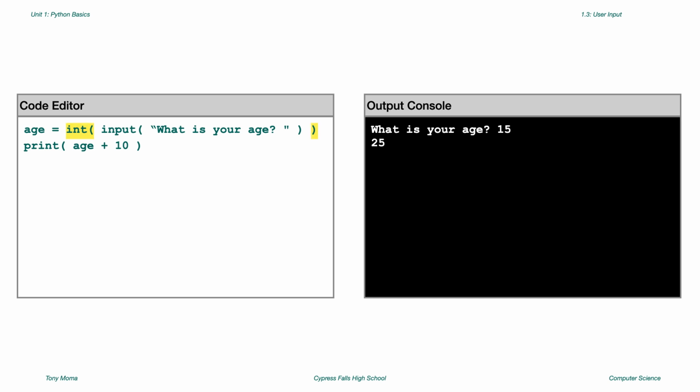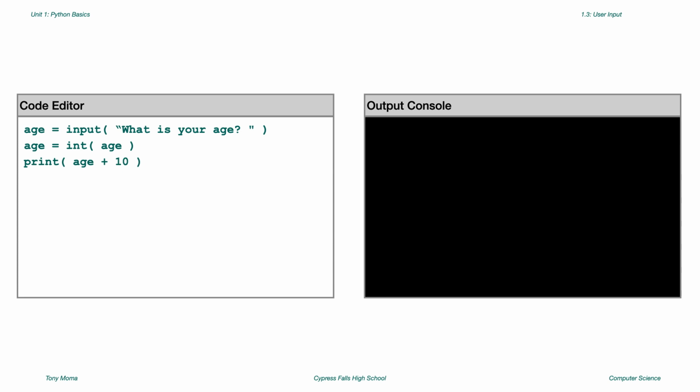The other way to do this, and arguably the easier way and more recommended way, is to retrieve the age the way we did it before by simply using the input method, which will store the age as a string, like we discussed. Then in line 2, convert the string to an int, once again using the int method. Then when we attempt to print out age plus 10, the Python interpreter will recognize two integers and will thus perform mathematical addition.